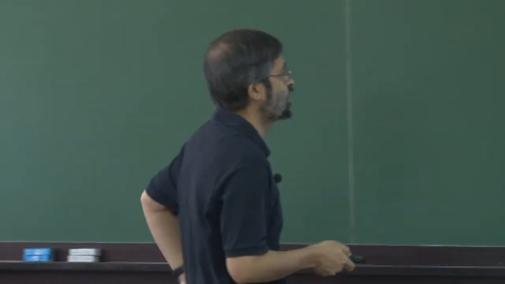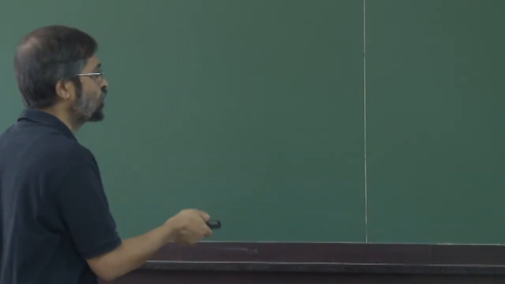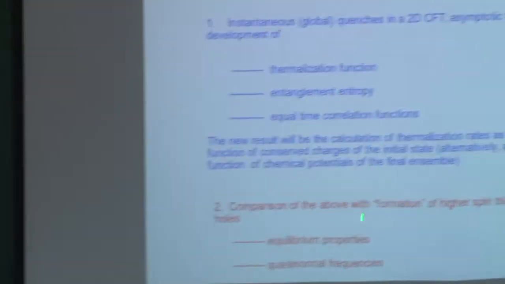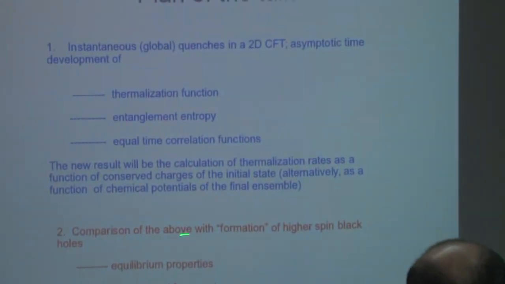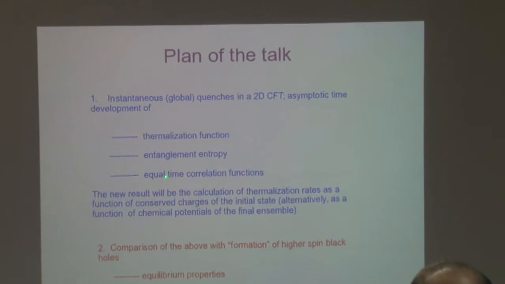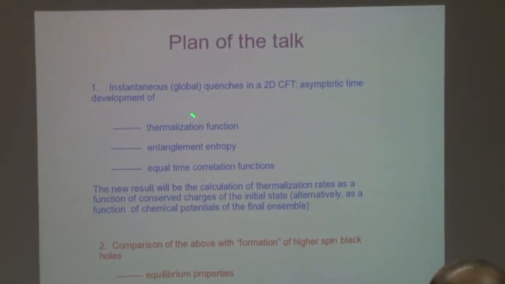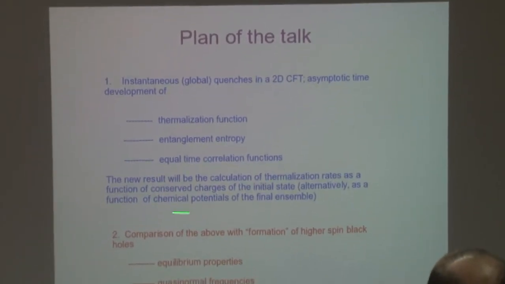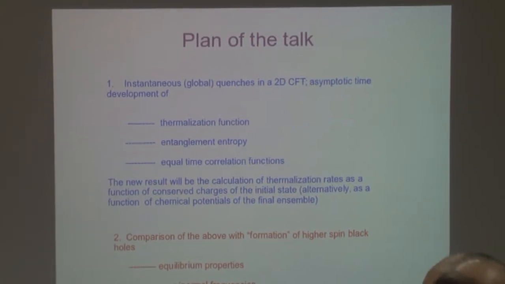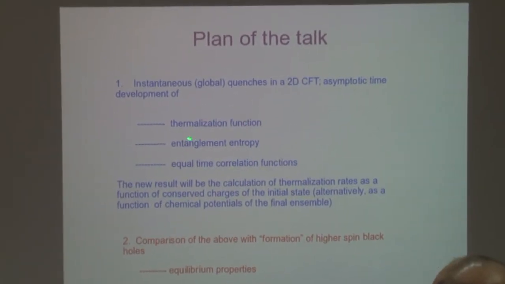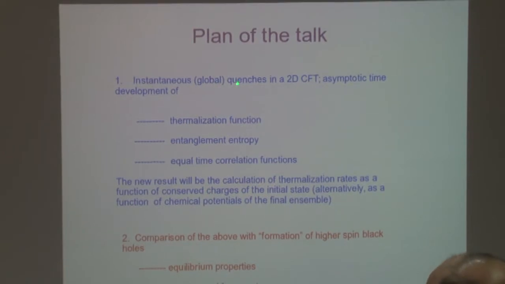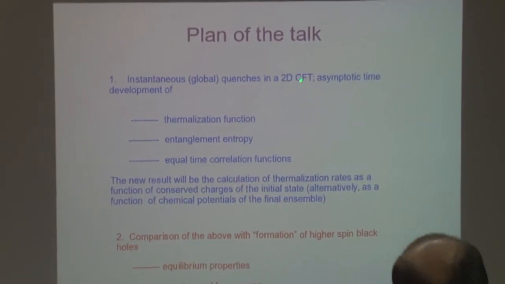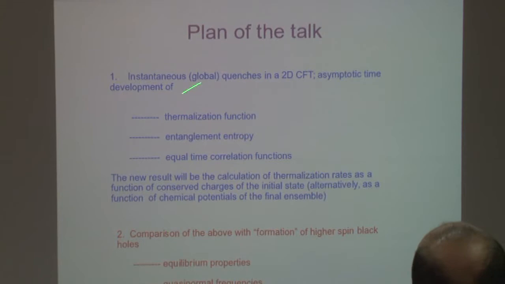That's part one, and part two will be the comparison of this with the formation of higher spin. What I forgot to mention is that the stuff that is known, perhaps not completely derived, is about instantaneous quenches in conformal field theories, where only the Hamiltonian is the conserved quantity.